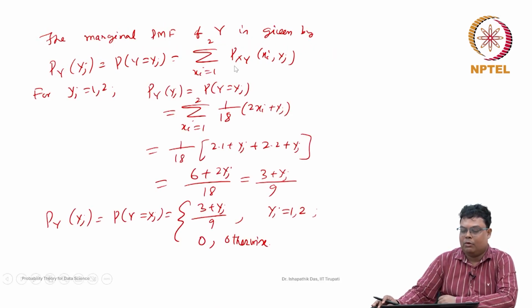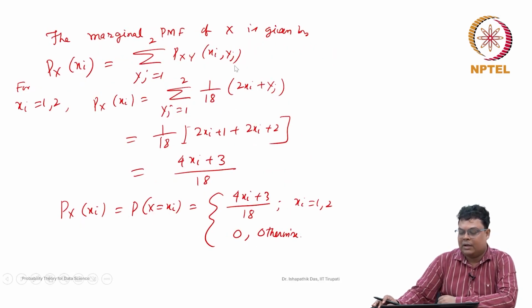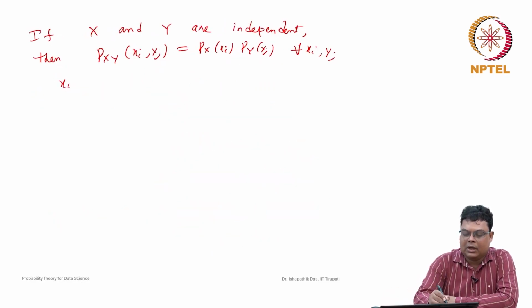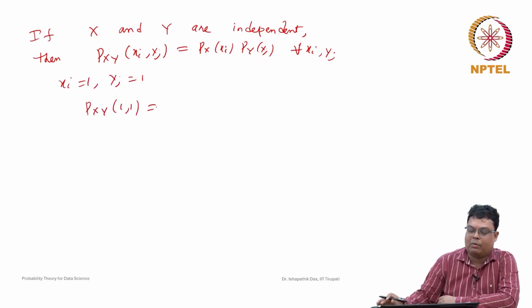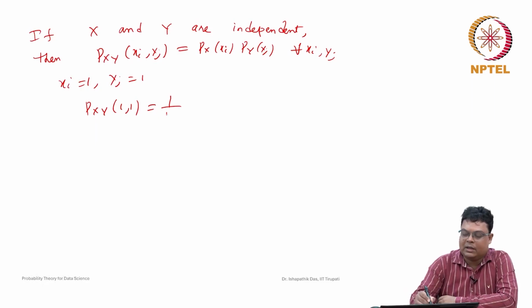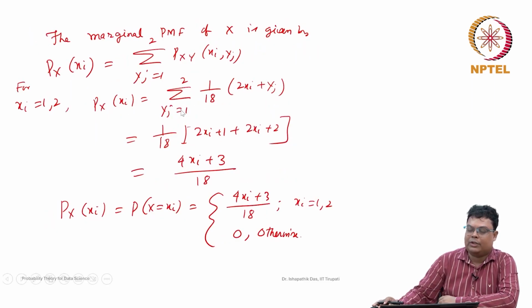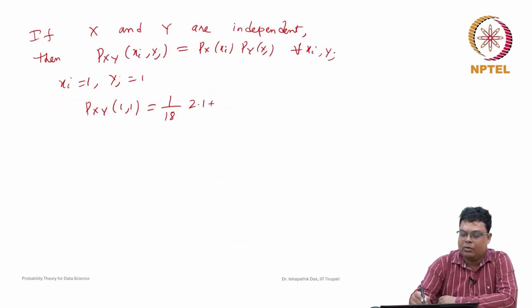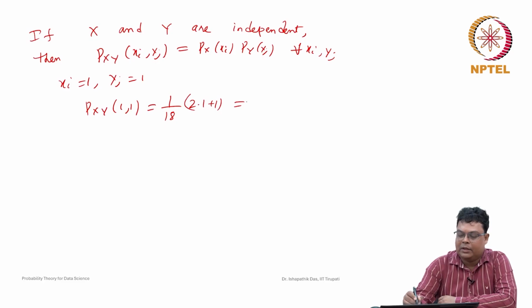So by looking at this, it is not clear. Let us take some values. Suppose xi is equal to 1 and yj is equal to 1. So what is pxy of 1 1? Pxy of 1 1 is 1 by 18 into 2xi plus yj, which is 2 into 1 plus 1, so 3 by 18.